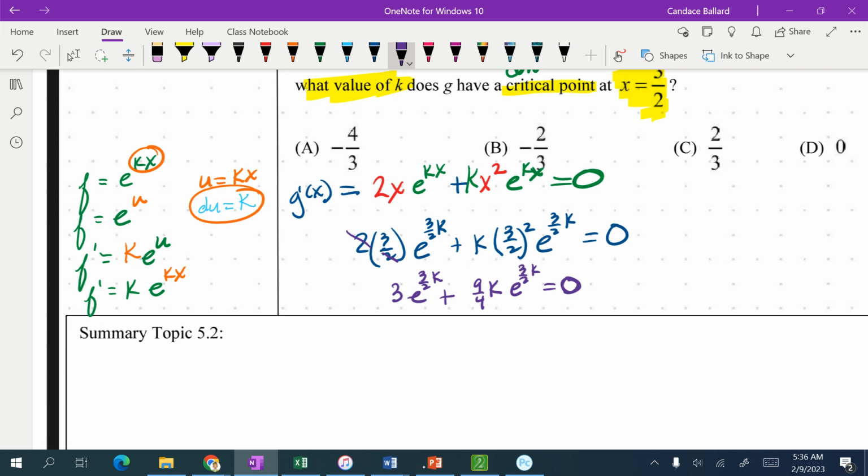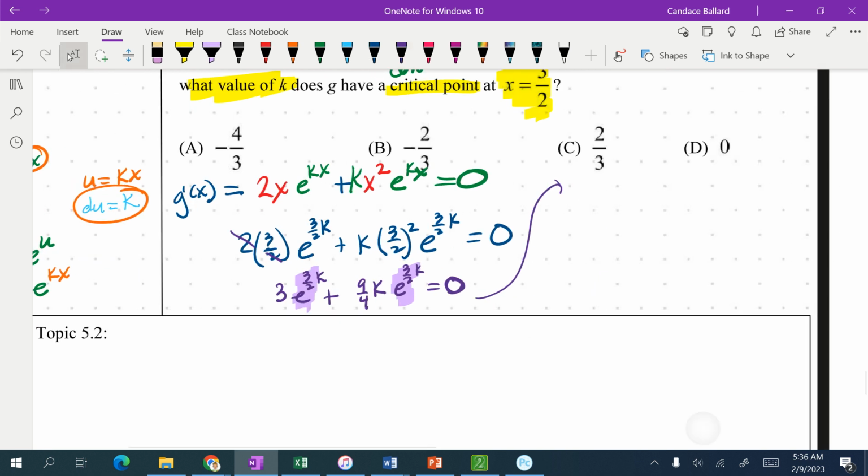Now I'm equal to 0. It means I could probably factor a little bit. I am noticing a greatest common factor. I'm going to take that out. So I have the greatest common factor of e to the 3 halves k. When I take that out, I'm left with 3 plus 9/4 k.